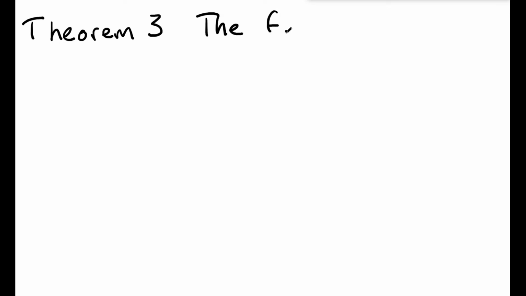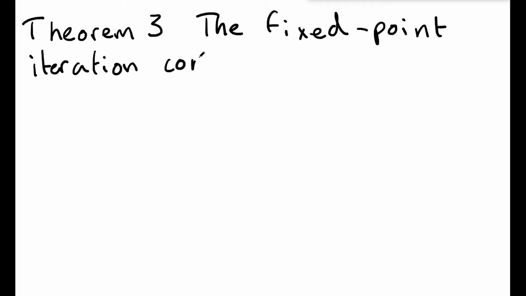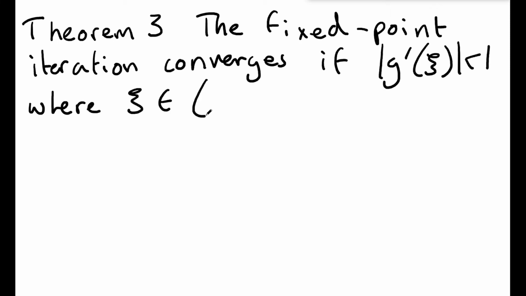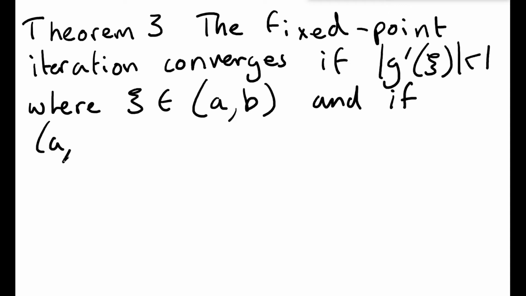It is basically that the fixed point iteration converges if the modulus of g prime of psi is less than 1, where this psi variable is anywhere in the domain. So we can say that psi is in the open interval from a to b, open because it's a derivative. And of course, if that open interval brackets the root in the first place.